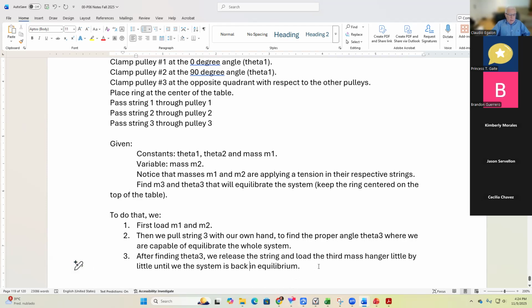We release the string and load the third mass hanger little by little with the slotted masses until the system is back in equilibrium. That's how we do it. Let's see how it looks.